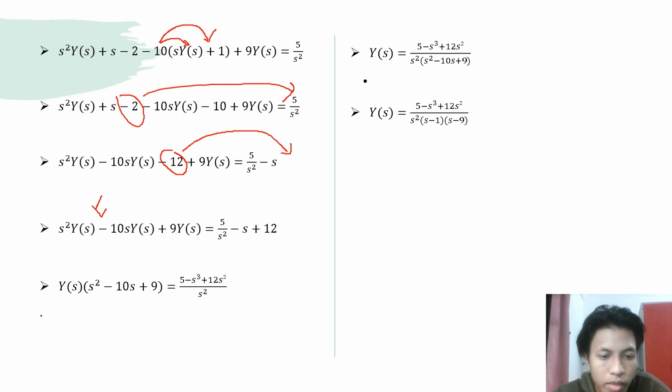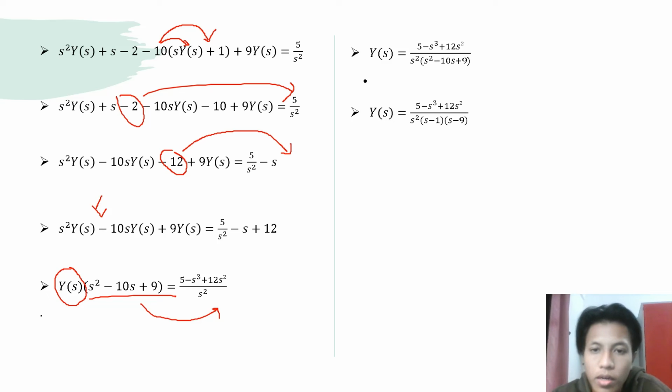So the left side we must factor to Y(s) times (s square minus 10s plus 9), so equal to (5 minus s cube plus 12s square) over s square. So after that, we move the equation on the left side to let the Y(s) stay on the left side. So s square negative 10s plus 9 moves to the right side.